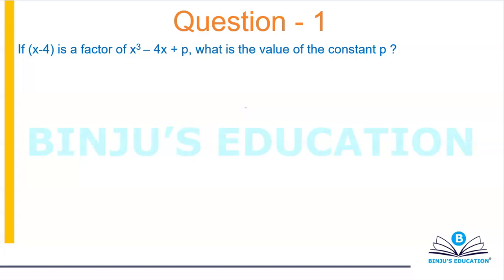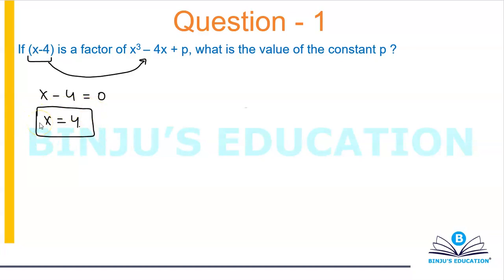Okay, let's see. It says that x minus 4 is a factor of this function. What is the value of the constant p? Now, if x minus 4 is a factor of this function, that means put x minus 4 equal to 0 and then you'll calculate x equal to 4.